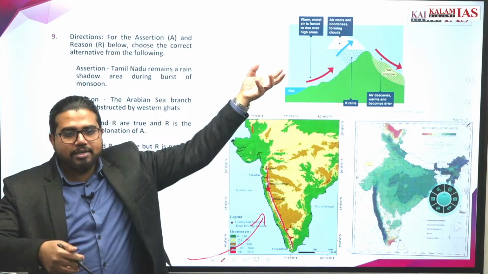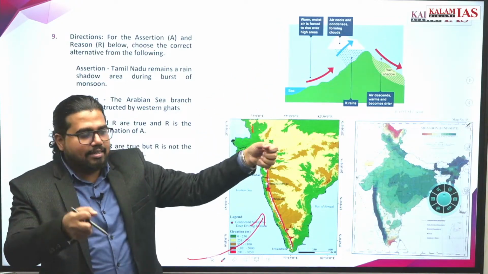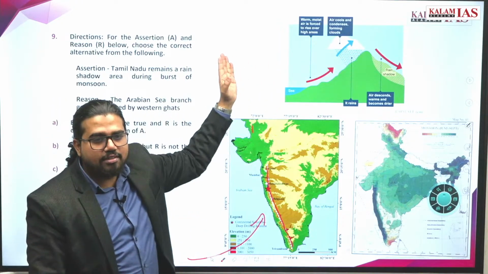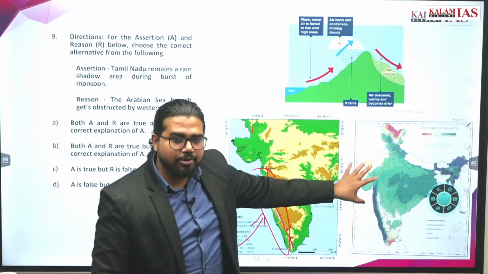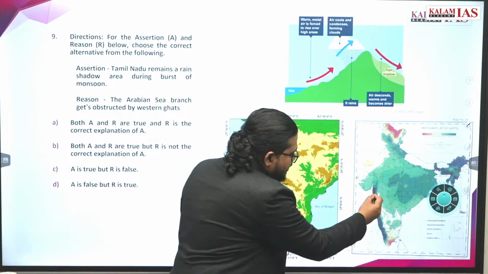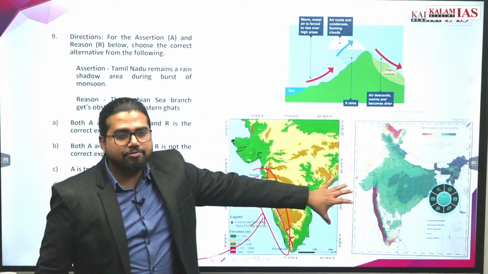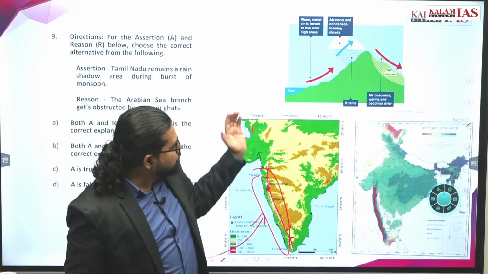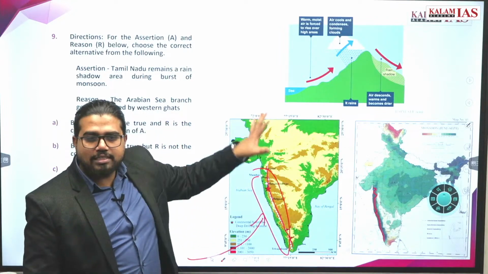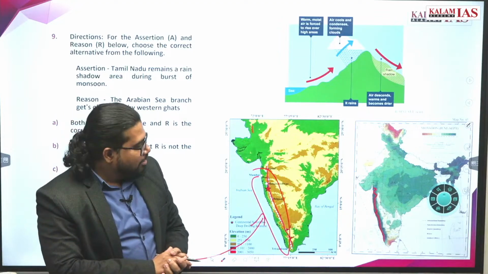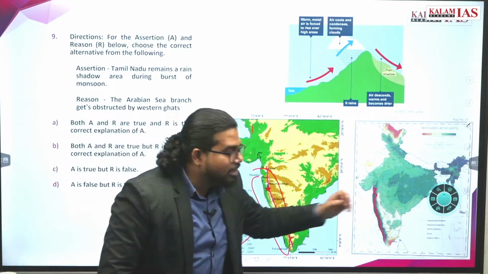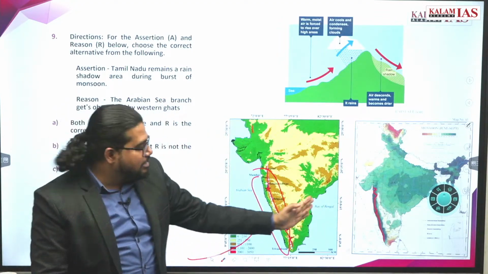Condensation happens. The temperature will be very low, it gets condensed, and there will be rain throughout here. So throughout this side we have a very high rainfall region. If you look at the rainfall map, all this region has very high rainfall. Why? Because these clouds are coming from here. Due to the Western Ghats, they get elevated, condense and become rain. But what happened to the Tamil Nadu region or the regions beyond this?